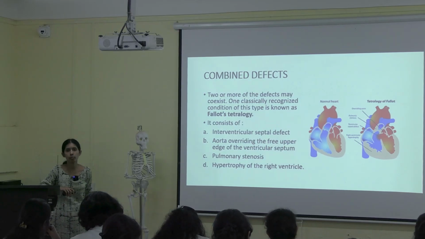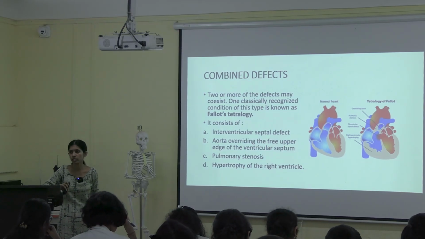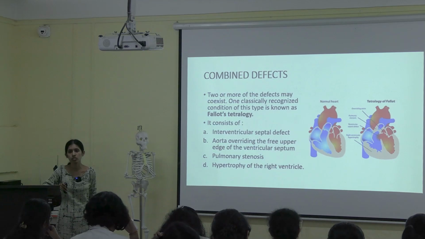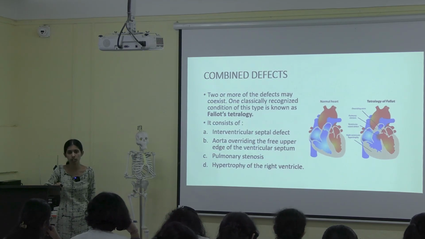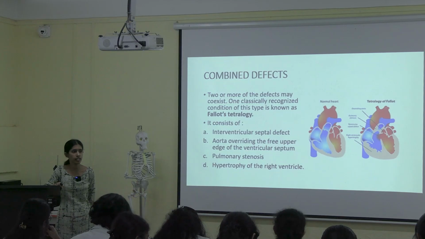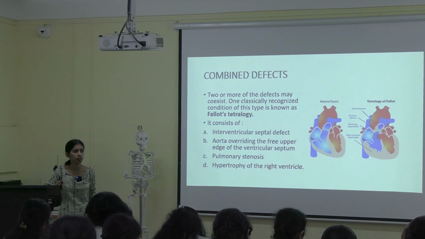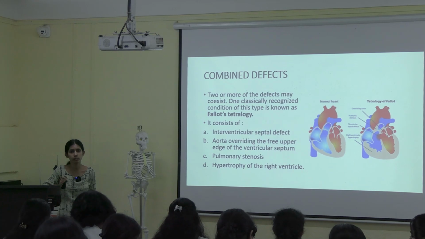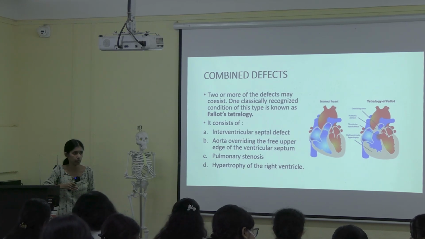That's all about the abnormalities of the heart. We discussed the abnormality in the position, abnormality in the septum, and one more condition called Fallot's tetralogy, a combined defect, where we can see 3 or 4 different defects occurring at the same time.